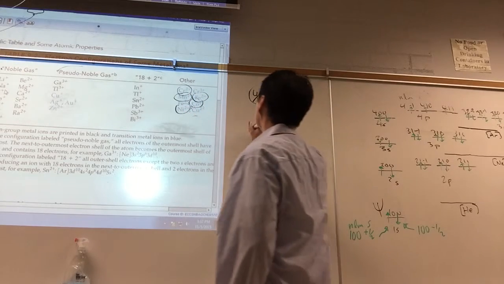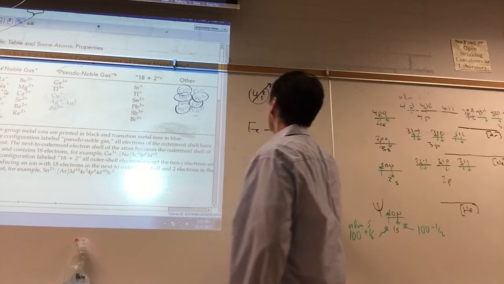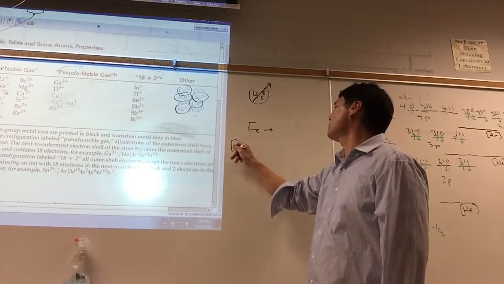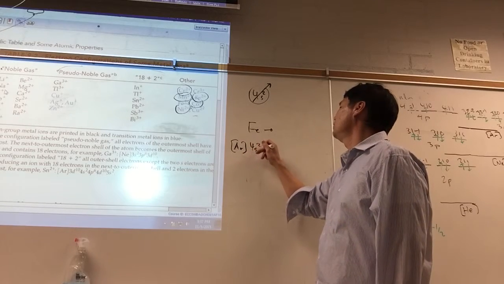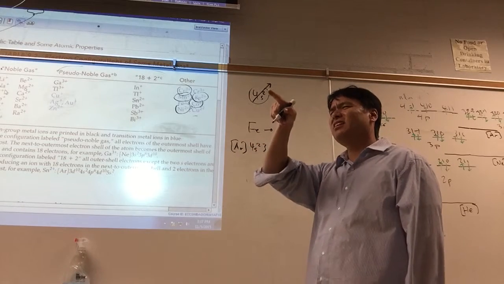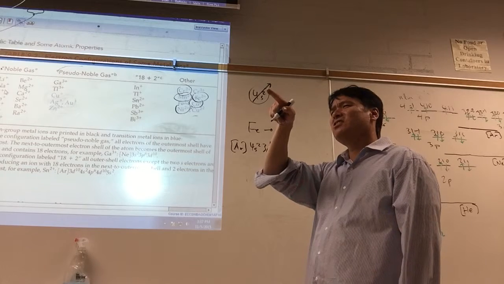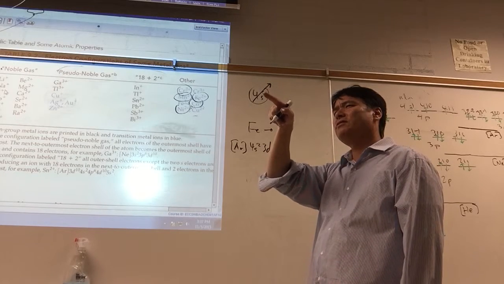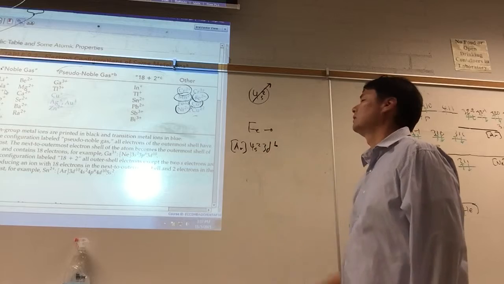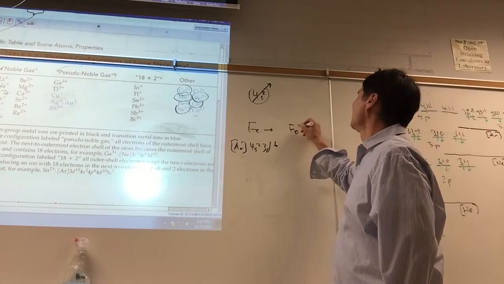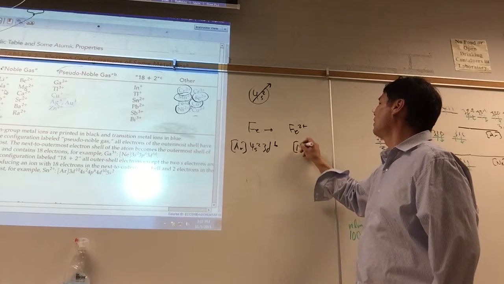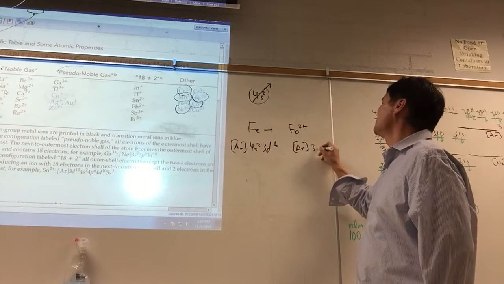Okay? And so, for example, iron, a common oxidation state for iron is, well, iron is argon, 4s2, 3d, and count it out. 1, 2, 3, 4, 5, 6. 3d6. If we go to iron 2+, it's going to be argon, 3d6.